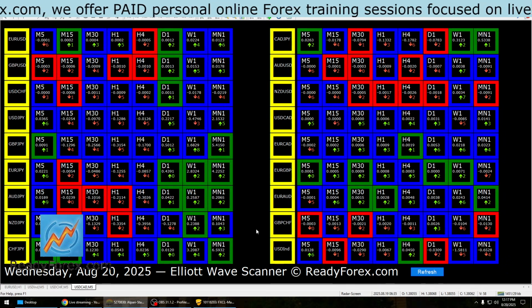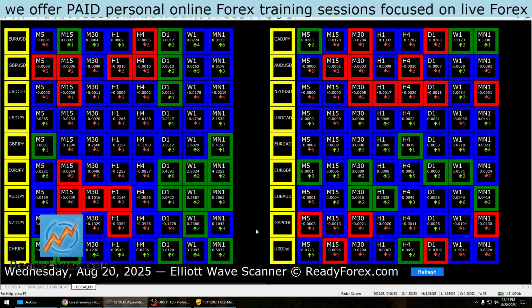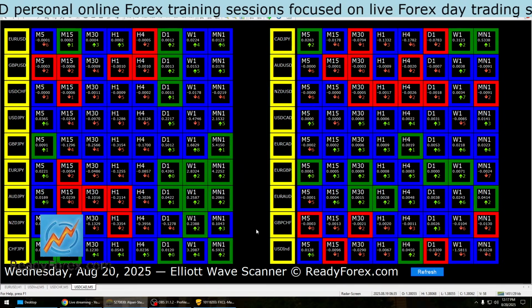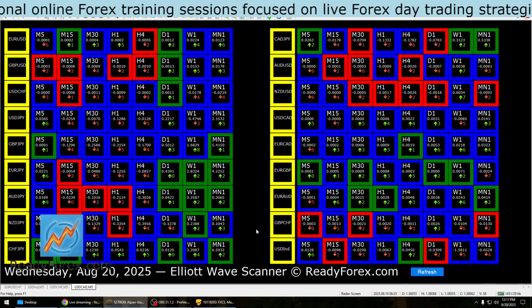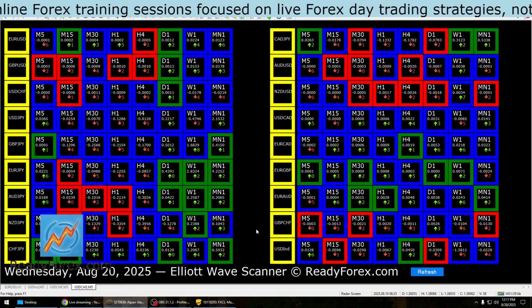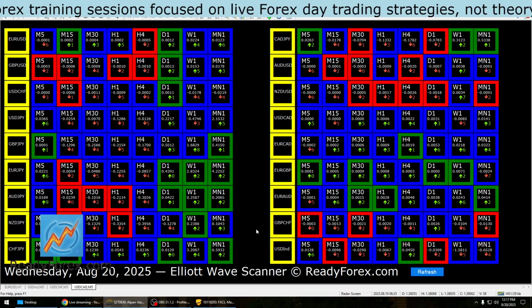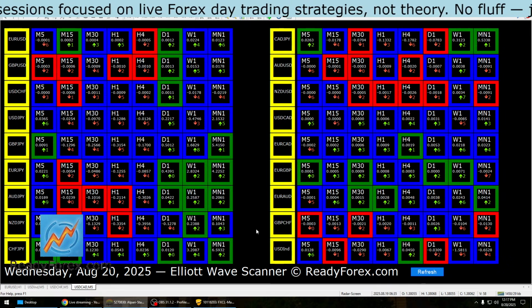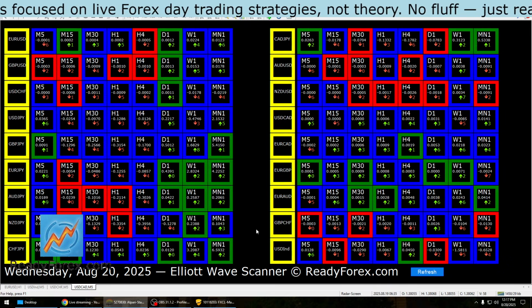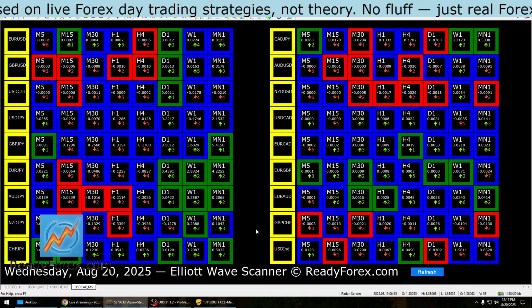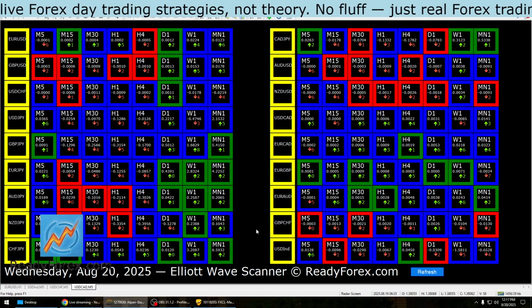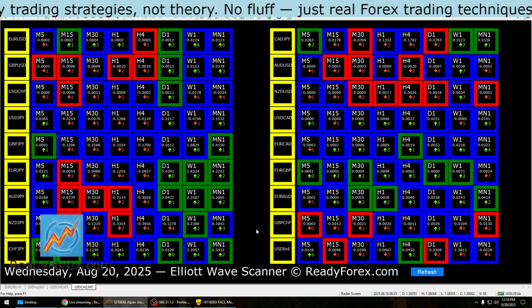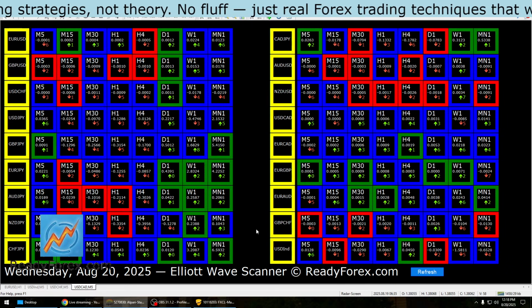Okay, so over here on this scanner, let's see. GBPJPY looks bearish. Euro yen, AUDJPY, NZDJPY, they all look bearish. Even CADJPY is going down.